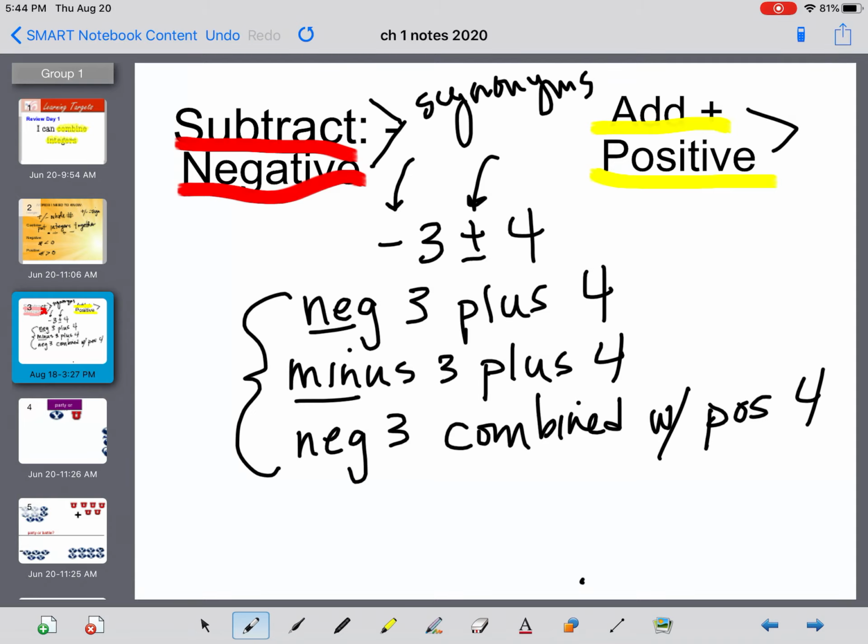I can call this a plus 4. And they all mean the same thing. I can say this is a subtract 3. I could say this is a minus 3. I could say it was a -3. Because all of those things are the same thing. Nothing is different by saying it's minus or negative. Those are both correct. They have the same definition.